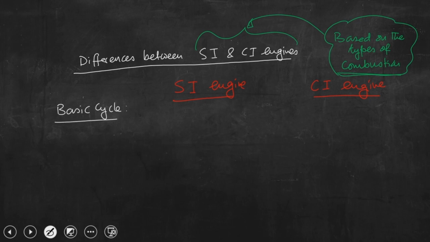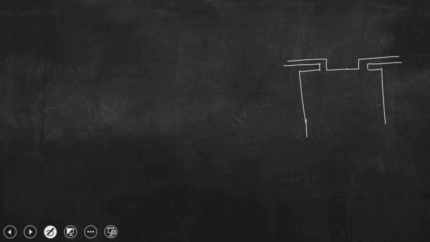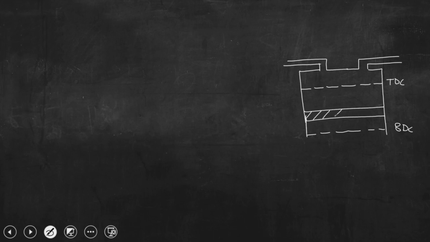Basic cycle. Just if we try to draw over here, say we have, this is top dead center, this is bottom dead center, and we have one spark plug.